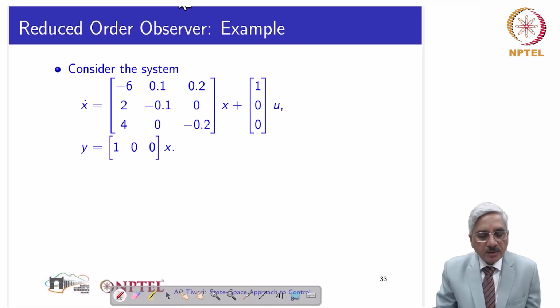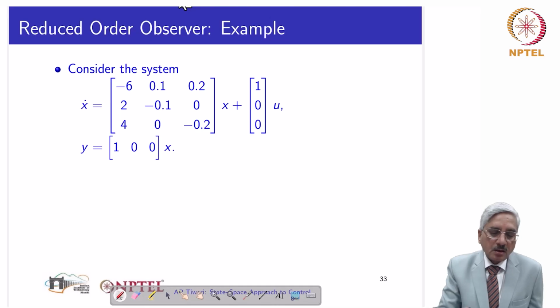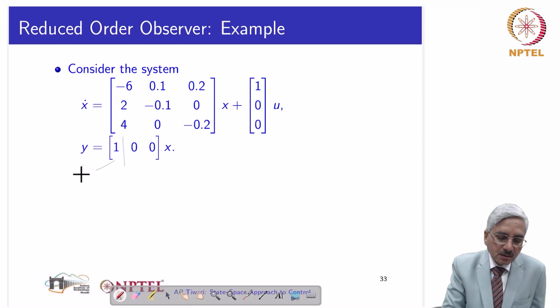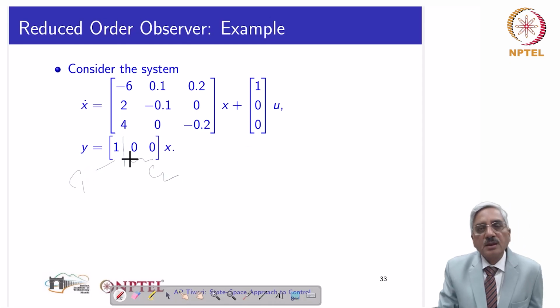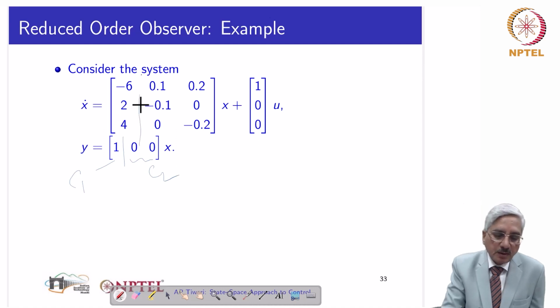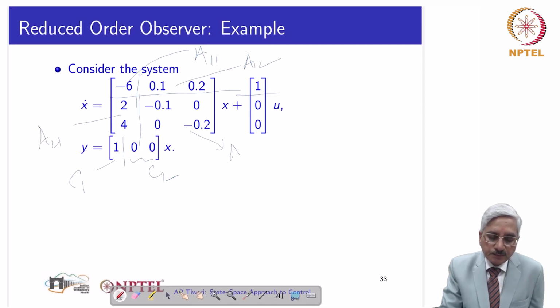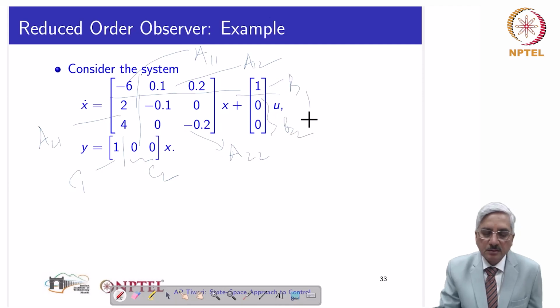We consider one example, this third order system, x dot given by this. Now we see that here this is C1 and this is C2. So the dynamics is available in that form, and we partition this. So this becomes A11, this becomes A12, this becomes A21, this becomes A22, and this is B2, which is 0, of course, this is B1.